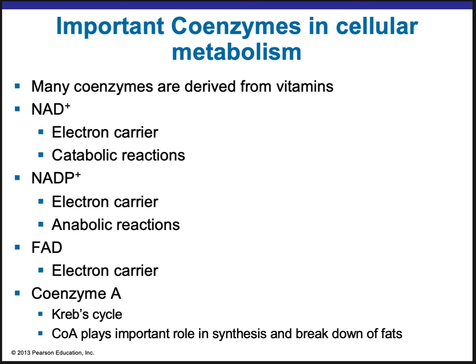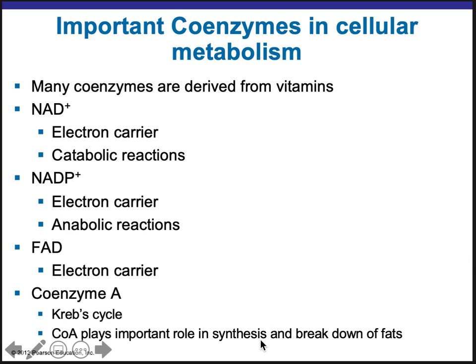And FAD, this really should say FAD plus, and then it will become FADH2, so it can take up 2 hydrogens. And then coenzyme A, which a lot of times we just will abbreviate CoA.